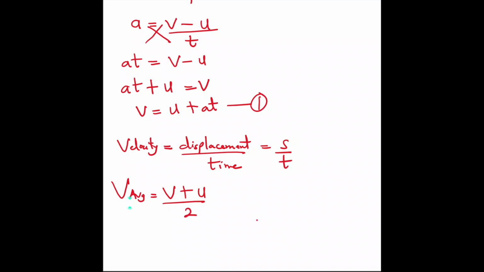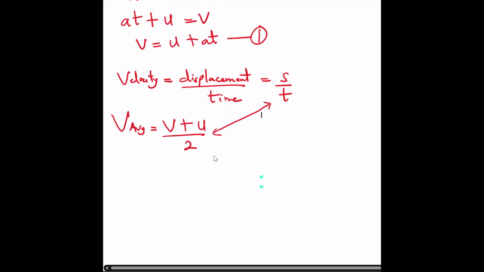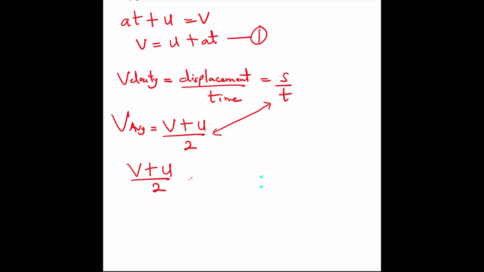Now we are going to equate these two together. When we equate the average velocity and the velocity, we have V plus U over 2 equals S over T. Now let's cross multiply.